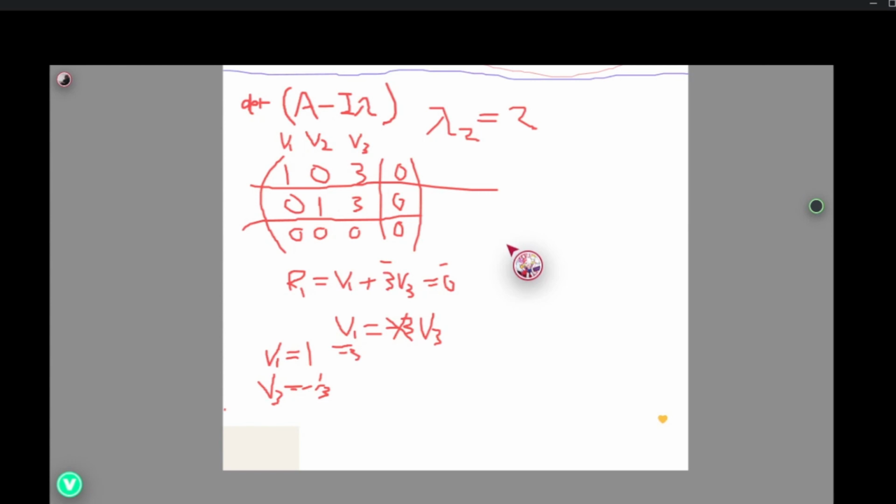And now we have the second equation, where v2 is equal to minus 3 v3. I basically just skipped the step here. But all this means is that it's the same thing I did with v1, but it's v2.